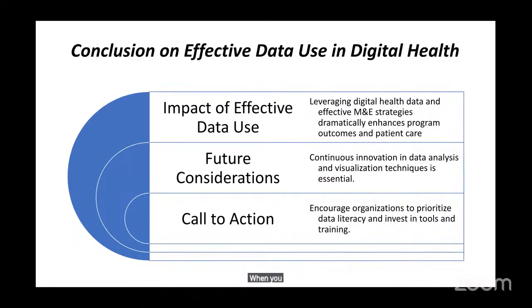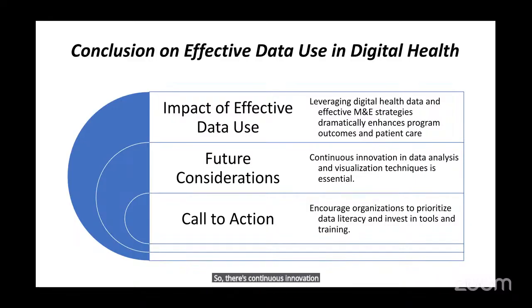And that drives us to the future consideration. When you really make the best use of the M&E data, there will be continuous improvement. And these days, we always argue that there's no way the world can do without innovation. So there's continuous innovation.